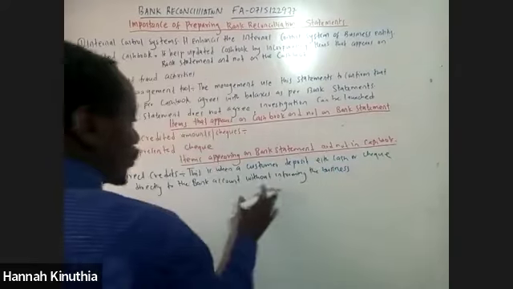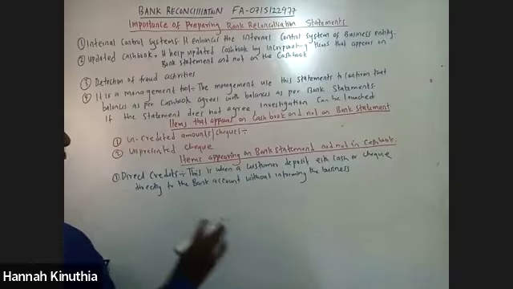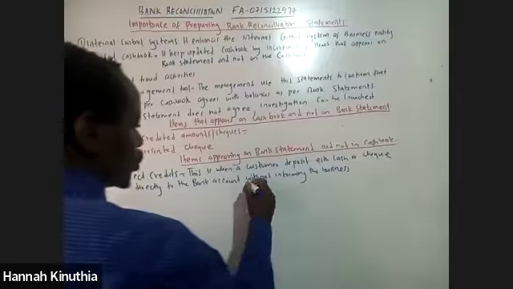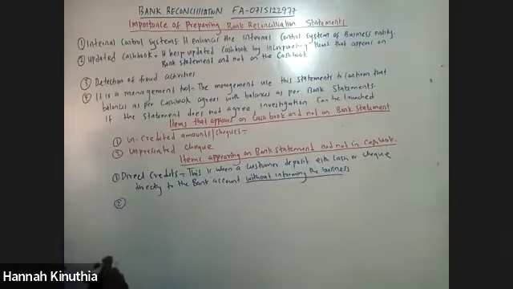Now, in this situation, this item will appear in the bank statement, but it will not appear on the cash book. Reason why? Because there was no information regarding the check to the business.